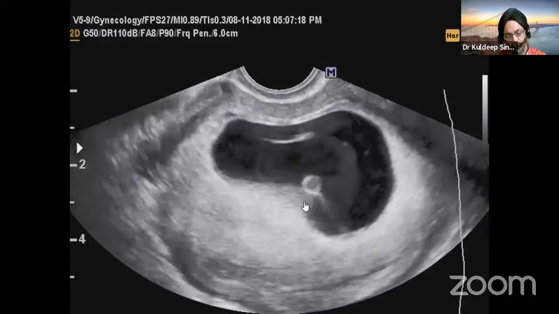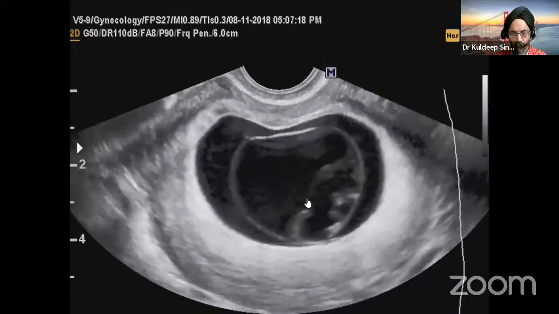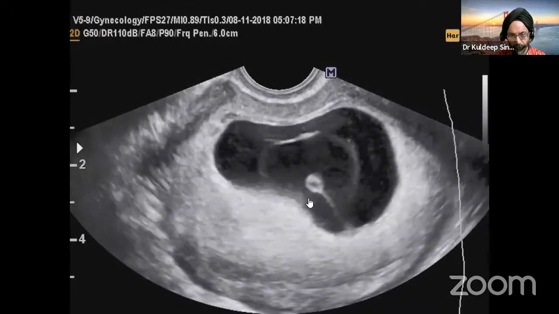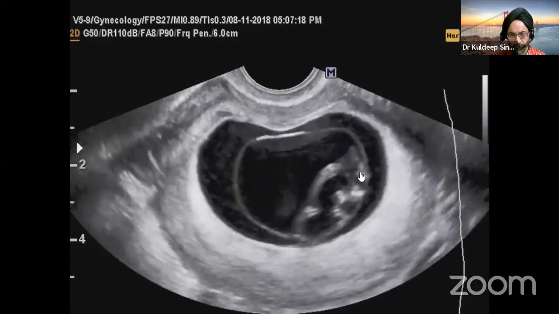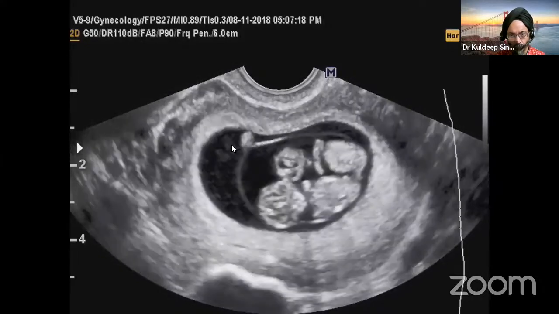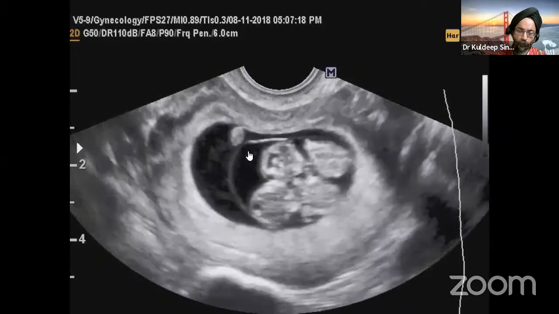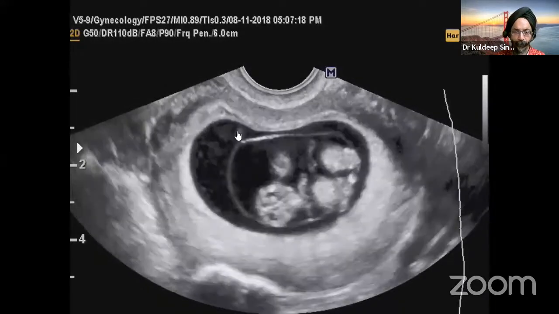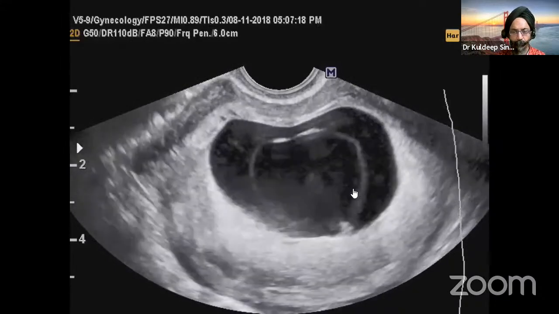But again, a word of caution. In biology, nothing can ever be 100%. This was a patient who came at around 10 weeks and I could clearly see two yolk sacs, but there was a single amnion. Both the fetuses were in one amnion. So two yolk sacs normally means diamniotic, but there was no way I could see another membrane in between them.